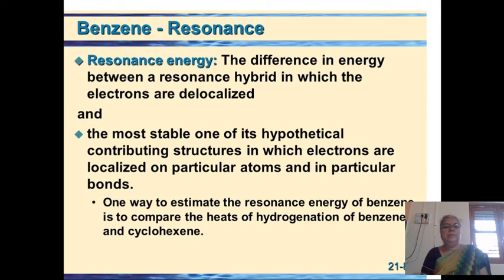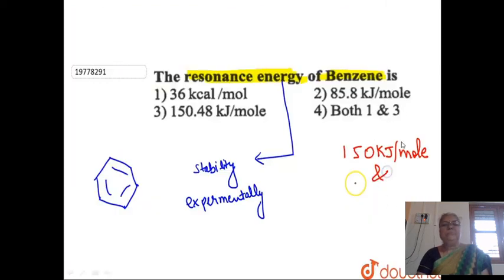One way to estimate the resonance energy of benzene is to compare the heats of hydrogenation of benzene and cyclohexane, and we can calculate the resonance energy by taking the difference between the benzene structure and its resonance structure.